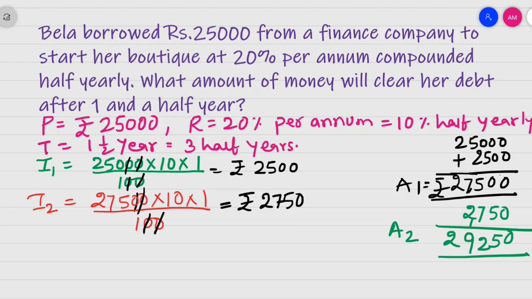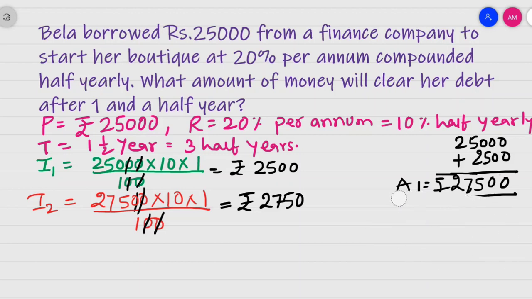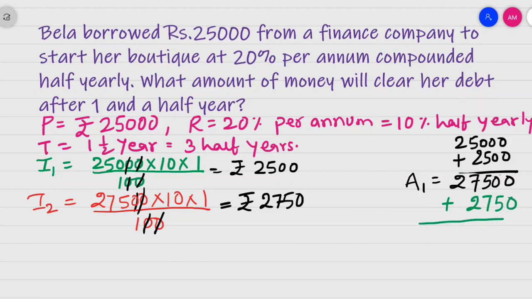Yes, the amount after the second half year will be 30,250. Okay, 30,250.